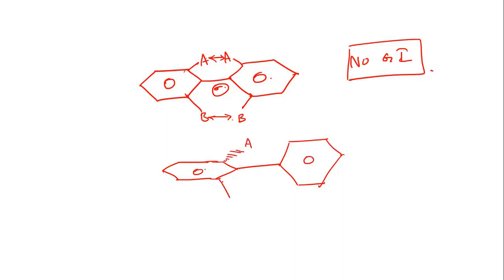A, B, A, B. This is vertical, this is horizontal. We can see clearly that this is horizontal and this is vertical.